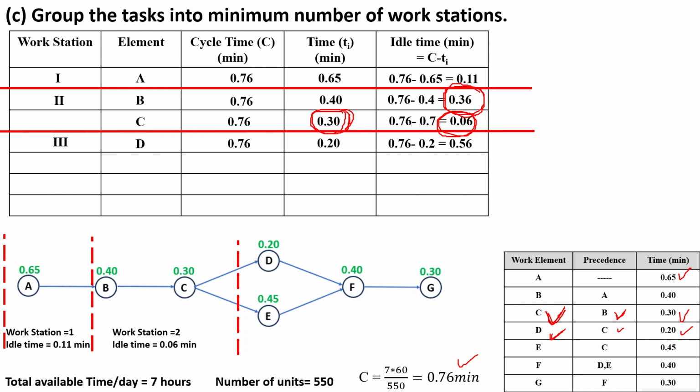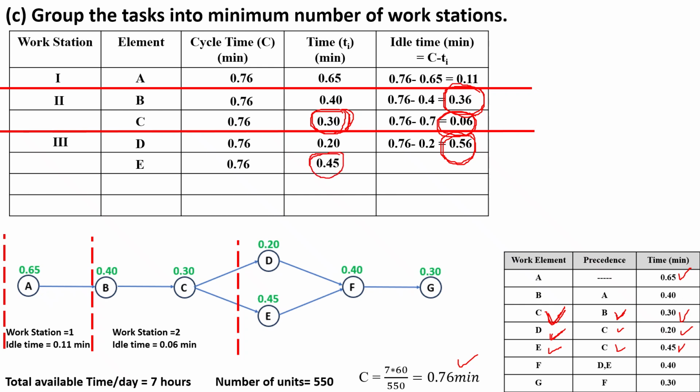Okay, next element is E. So it also starts after completion of the C only. Then we have to add another element in the third workstation, E, and cycle time is the same, 0.76, and the task time for the element E is 0.45. So here observe, in the workstation 3, after completion of the element D, the availability time is 0.76 and task time for the work element is 0.45 only.